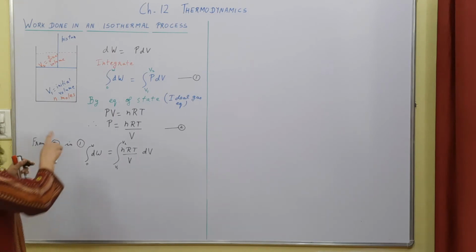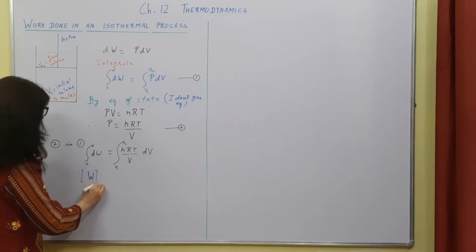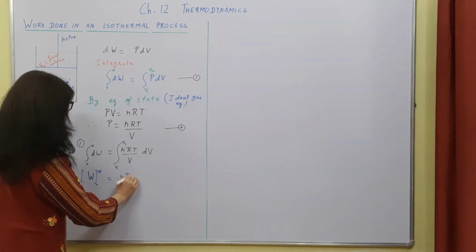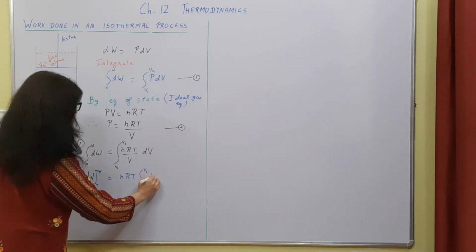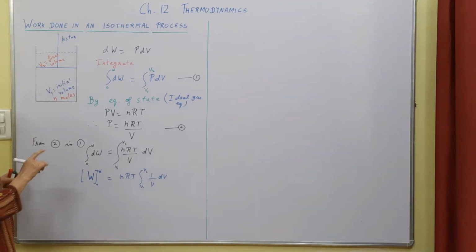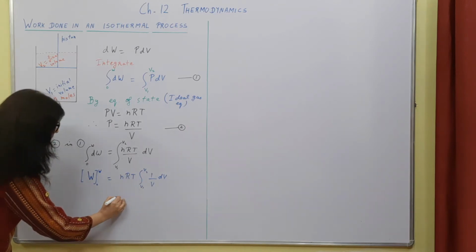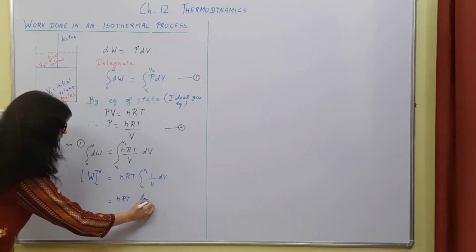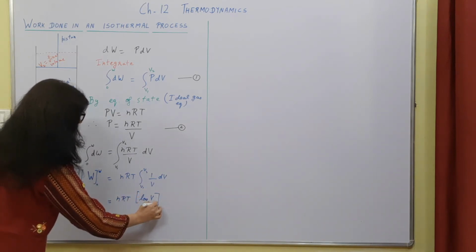So from here the integration of dW will be W, and here nRT can be taken outside the integral sign and this will be the integration of 1 by V dV. We know that integration of 1 by V is log V, natural log. So this is natural log base e V. I'll place the limits in the next step.